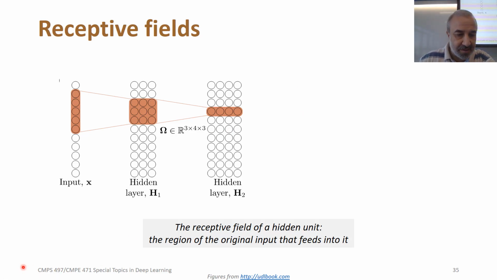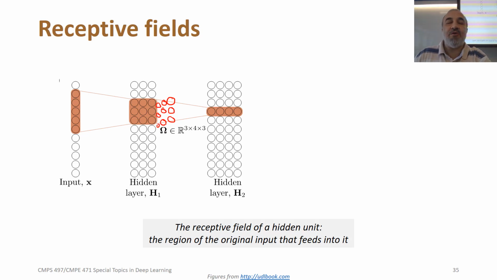The kernel is 3 weights for this channel, and then 3 other weights for the second channel, and 3 other weights.